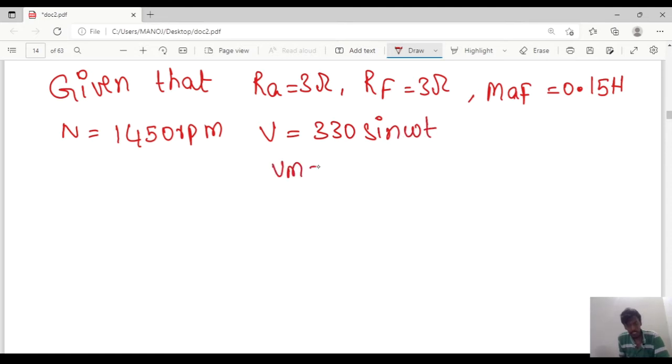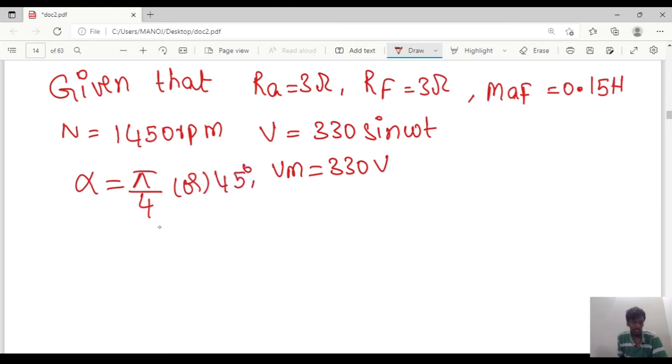So V maximum value will be 330 volts, and alpha value is pi by 4. Pi by 4 means 45 degrees, alpha equal to 45 degrees. So he asked to calculate the current as well as torque value.